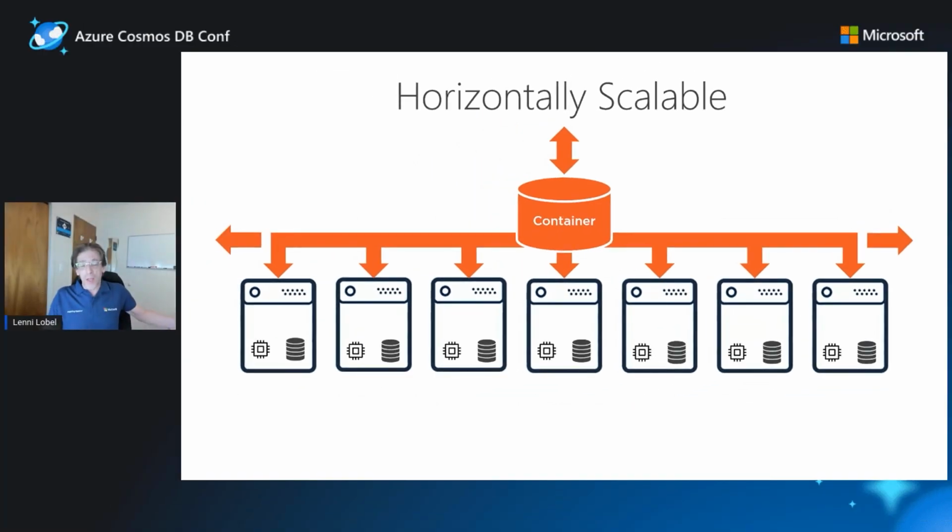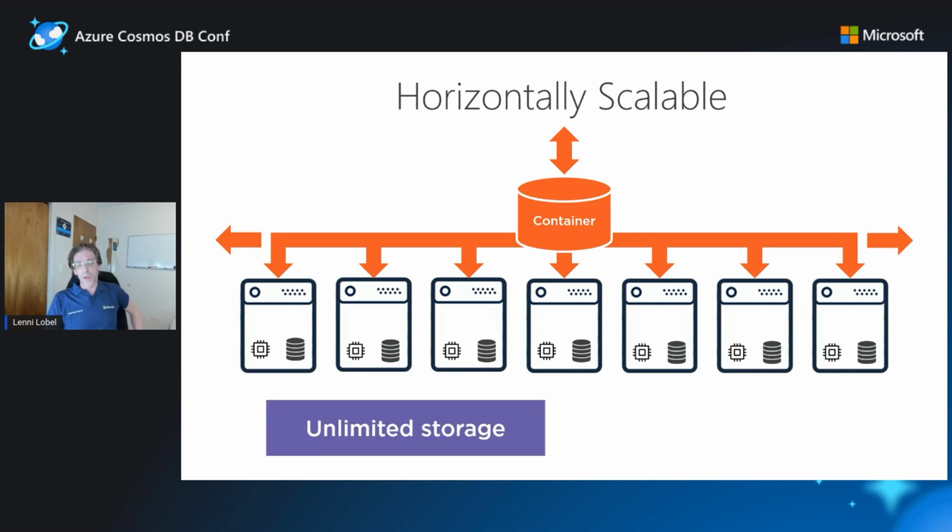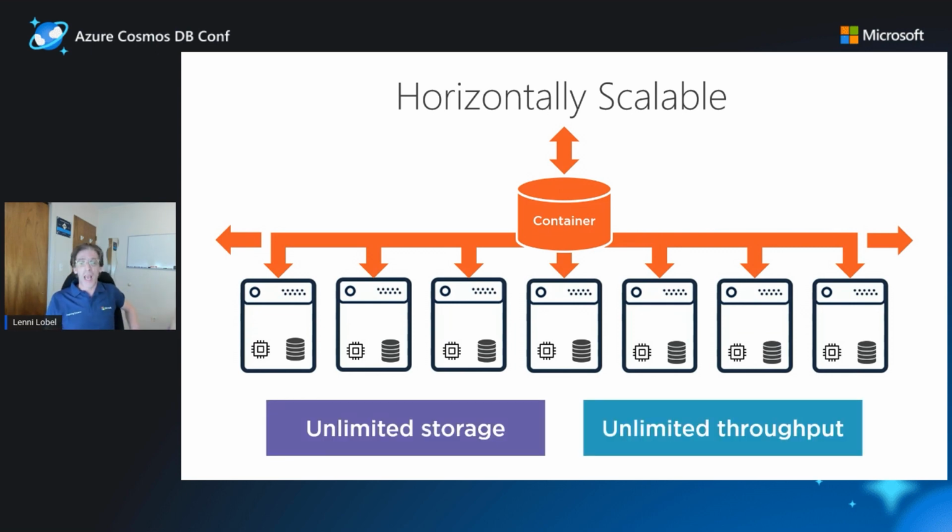There's no real upper limit on the number of servers or physical partitions in a cluster behind a container. Therefore, if you partition your data model properly, there's really no upper limit. You have unlimited storage and unlimited throughput with this model, because each physical partition offers more and more storage and throughput.